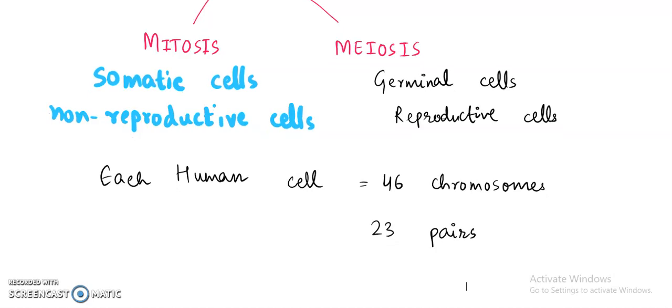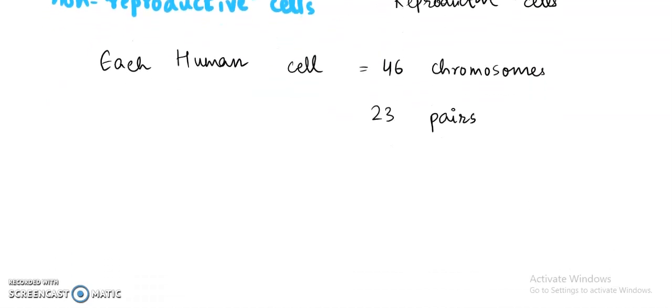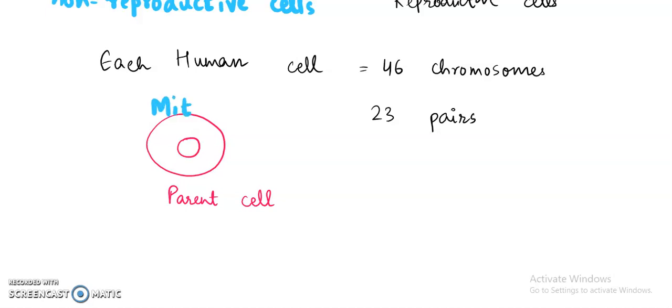This is important, and with the help of this we will understand mitosis and meiosis. Suppose we are making a cell which will divide. Because this cell has to divide, we will name it the parent cell.